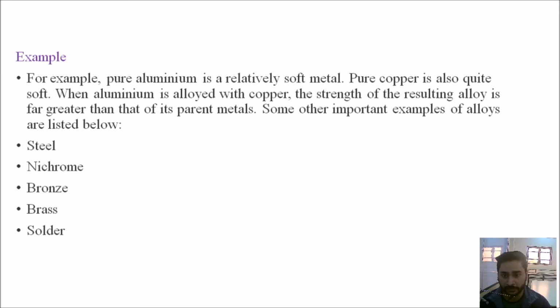How do we make that? We just take aluminum, mix it with another element, a non-metal or a metal, for example copper, and once it's mixed with copper, it's going to make it more durable, it's going to make it more useful. So the basic purpose we use alloys is that alloys are more durable as compared to the metals.